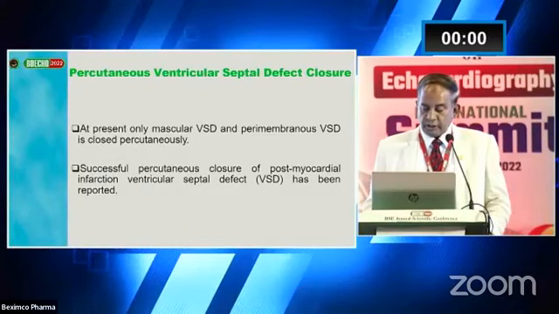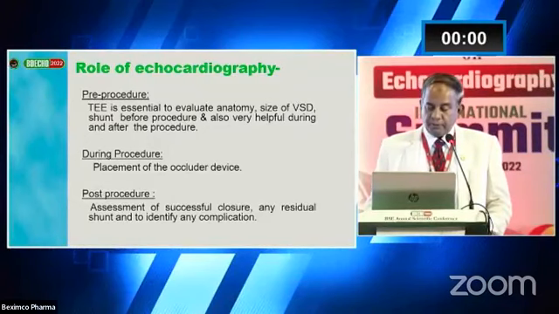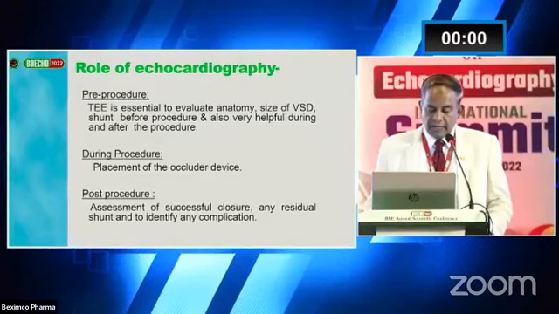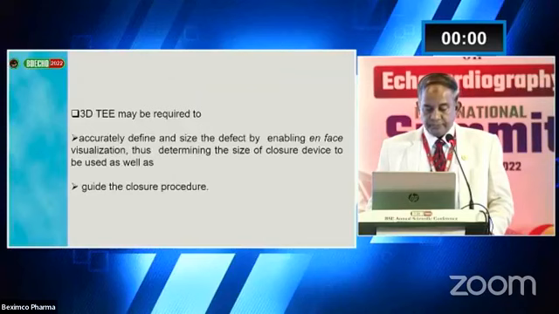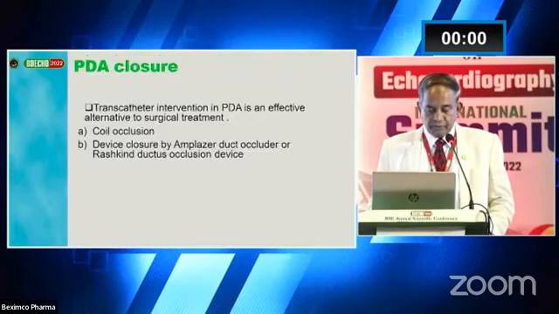Successful percutaneous closure of post-myocardial infarction ventricular septal defect has also been reported. Echo is essential to evaluate the anatomy and size of the VSD before the procedure, and is very helpful during and after the procedure. During the procedure, we see the proper placement of the device and assess successful closure, and whether there is any residual shunt or any complications. These are the muscular VSDs. These are the procedure of closure.